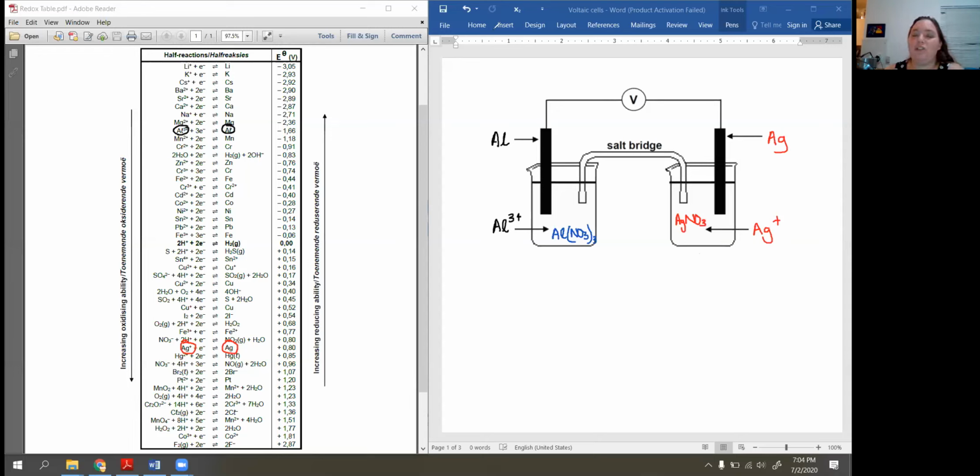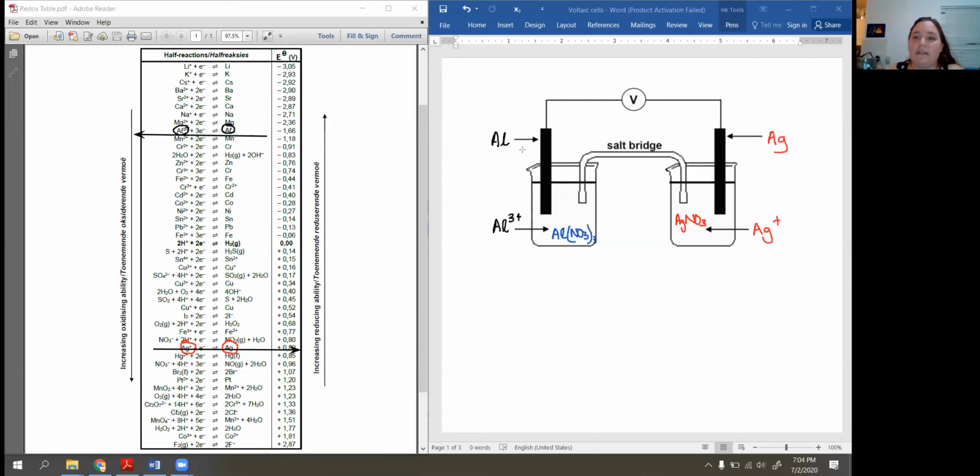As we mentioned in the last lesson, in order for this reaction to be spontaneous, we must have the oxidation reaction on top and the reduction reaction at the bottom. All voltaic cells are spontaneous. They're all going to work this way. So my oxidation half reaction is at the top, and my reduction half reaction is at the bottom.